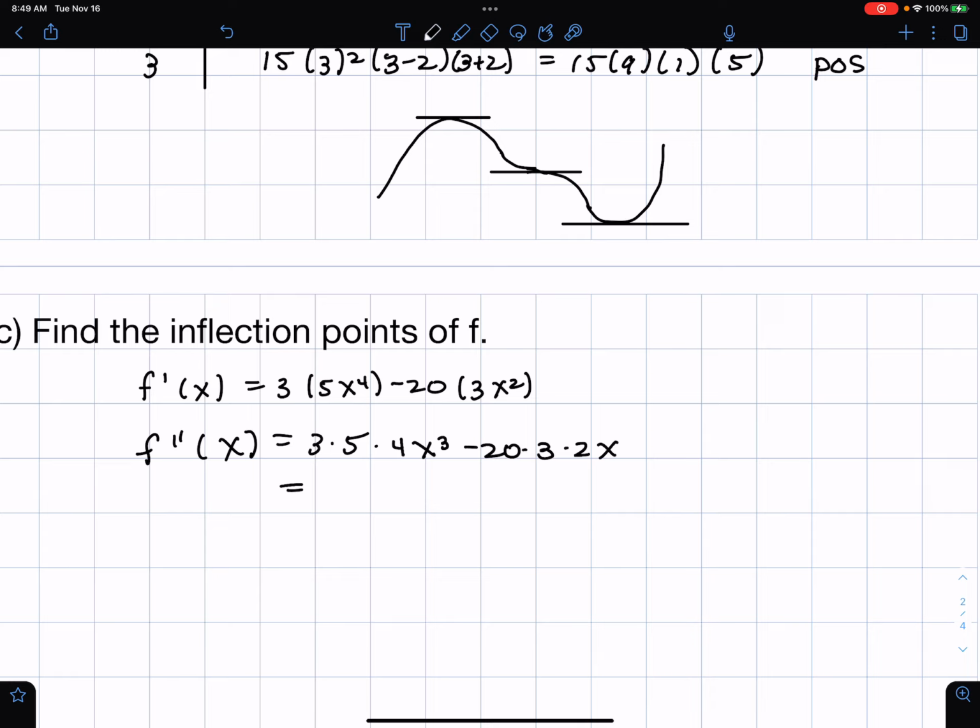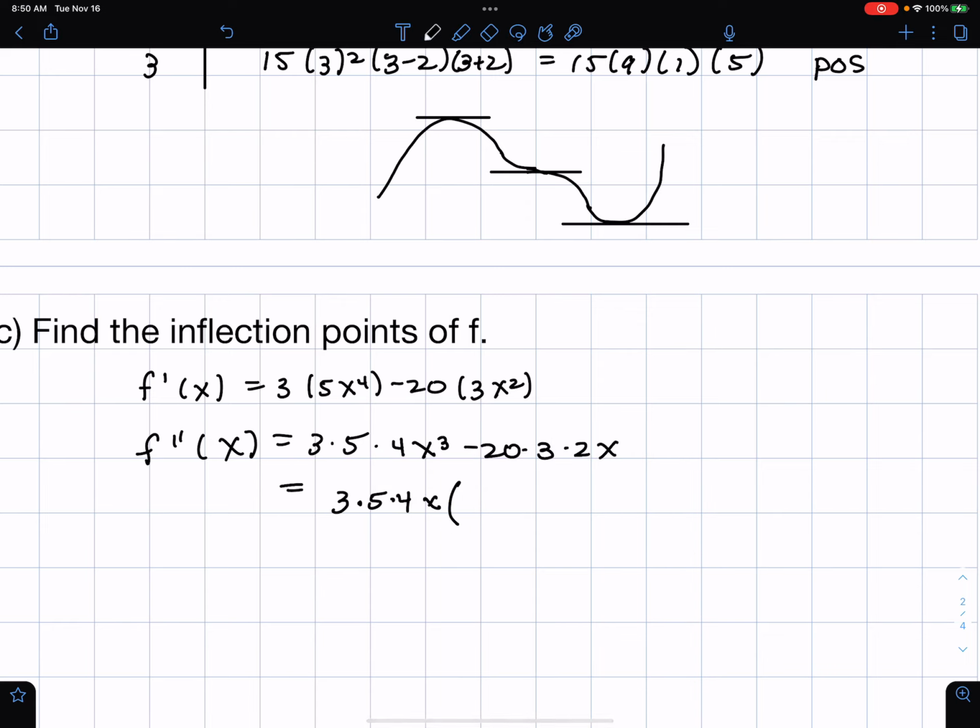Factoring again, we can factor out a 3. Actually, you can factor out 4 times 5, because 4 times 5 is 20. So 5 times 4, and we can also factor out x.